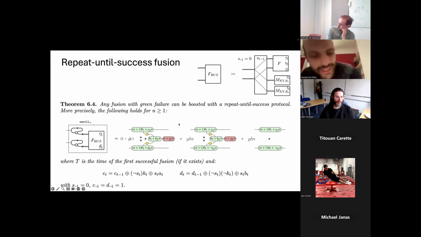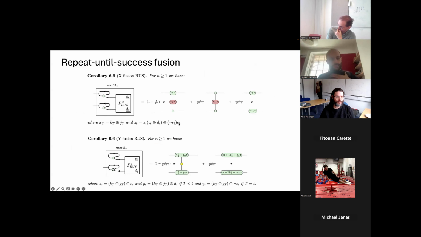Okay, then some simple corollaries of this for the X and Y fusion case are that, in those cases, at least the diagrams look a little bit nicer, but overall the concept is the same. So in this case, we have fused the two photons, the two nodes, with probability 1 minus 1 over 2 to the n plus 1.